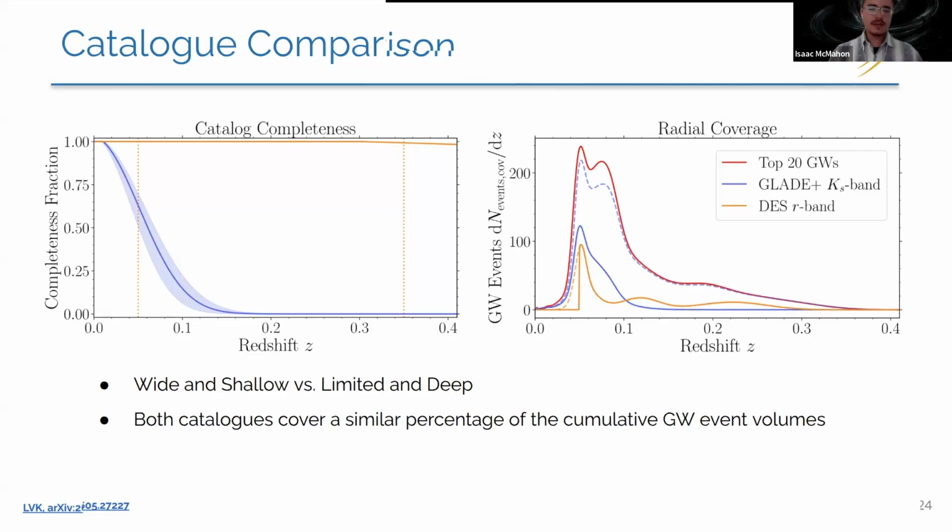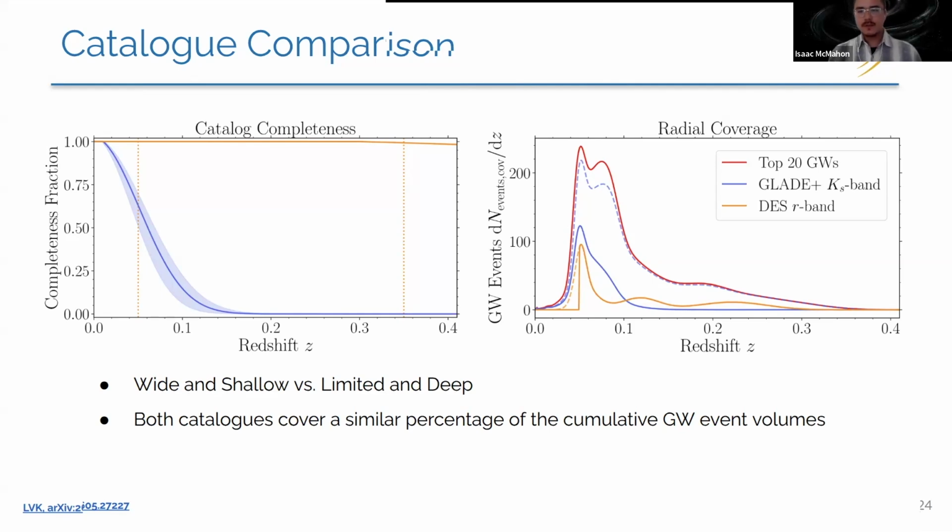And so the blue line here is for GLADE+. This means that GLADE+ is fully complete at very close redshifts, but then drops off very sharply to past 50% and almost 20% when you get out to redshift of 0.1, which is still quite close in cosmological standards. The DES survey, by contrast, is the orange line here, and it stays at 100% completeness for most of the redshift range that we are concerned about.